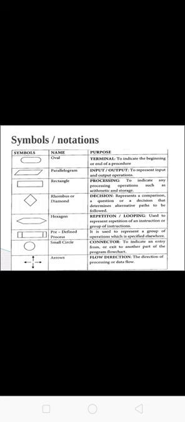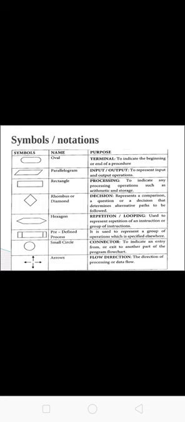For writing start and stop, we use the oval symbol, which can also be called a terminal. Second one is the parallelogram symbol. Parallelogram is used to input the values and display or output the result.